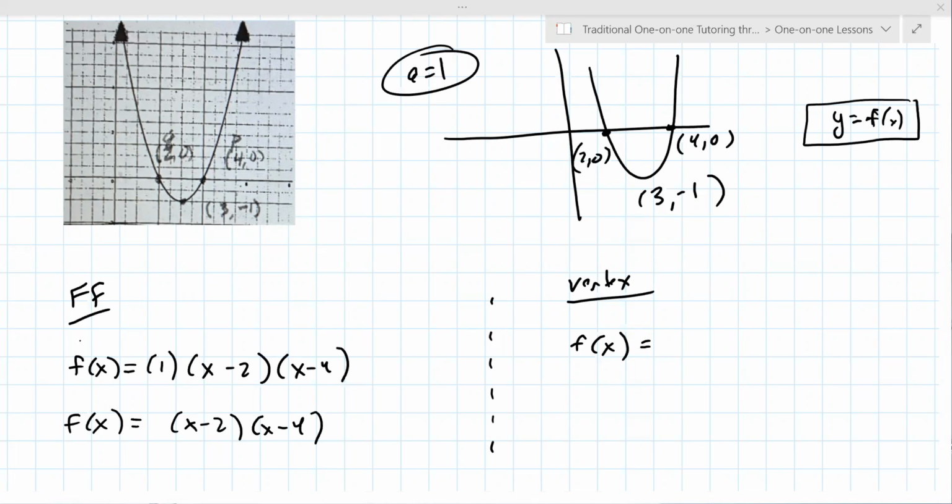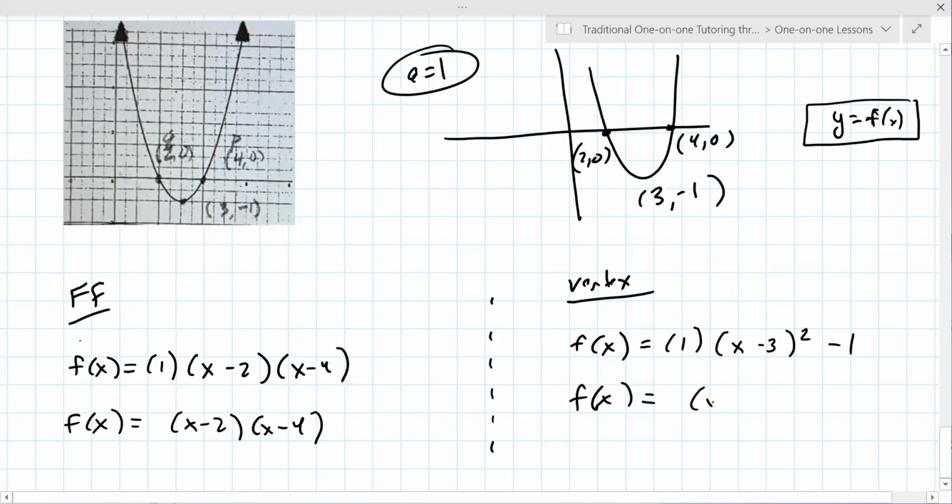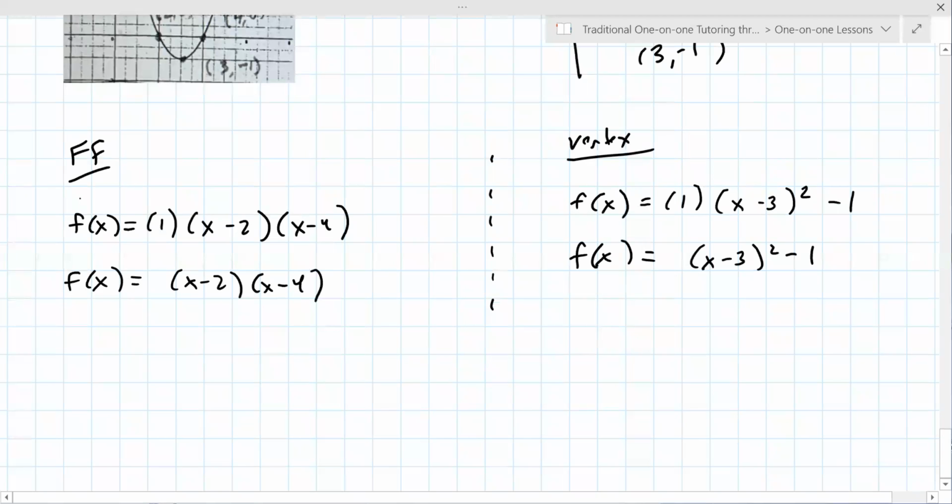Okay, I think I got it. Go ahead. y equals 1 parentheses x minus 3 squared minus 1. Perfect. And if we pretty it up, we just drop the 1. x minus 3 squared minus 1. Good. Now, in part C, we're going to show these are the same.